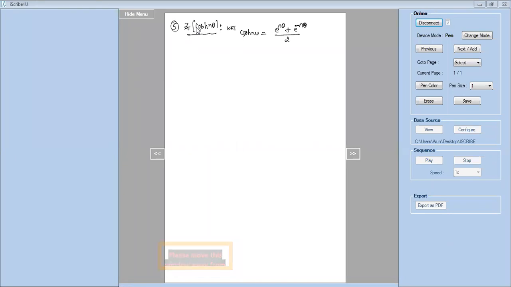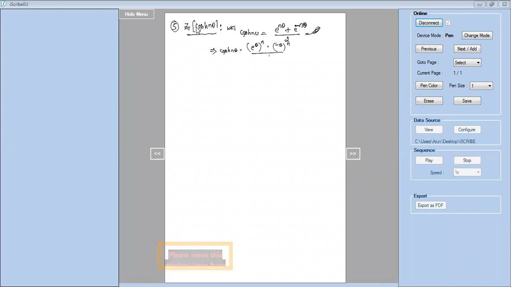So now I can write this as e^θ. Just a minute, guys. No problem. This implies cosh nθ equals (e^θ)^n plus (e^(-θ))^n divided by 2, right?